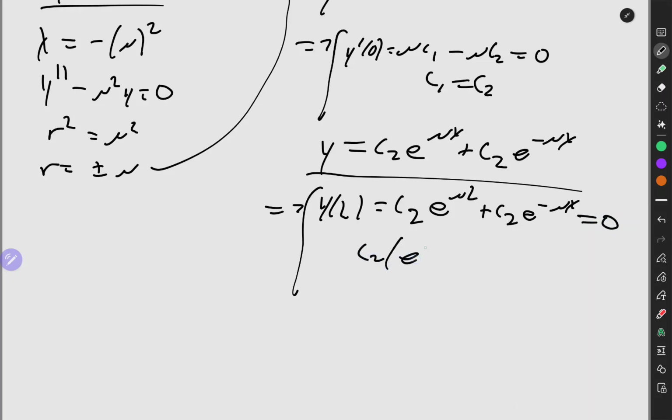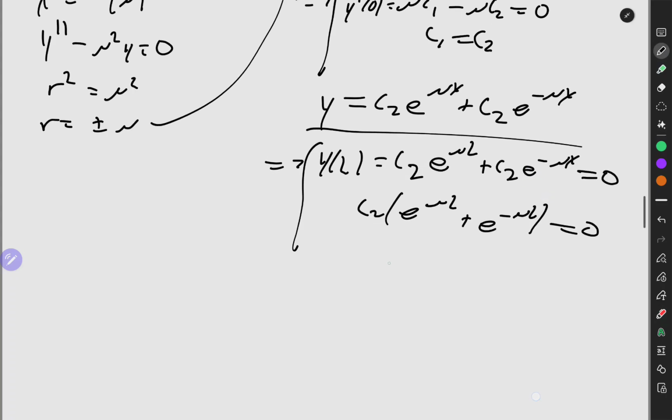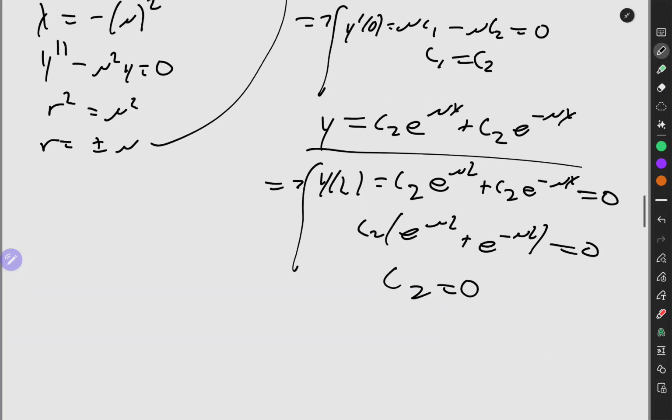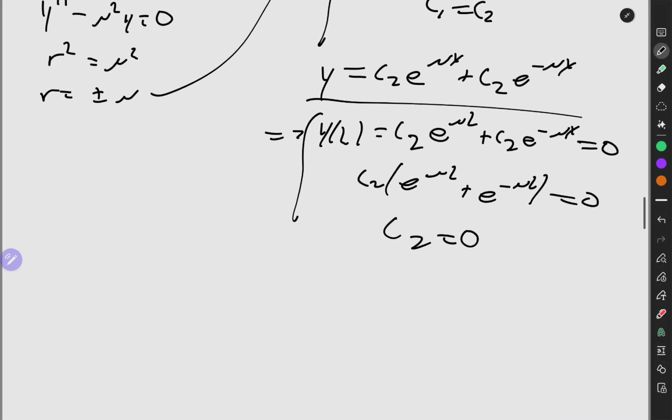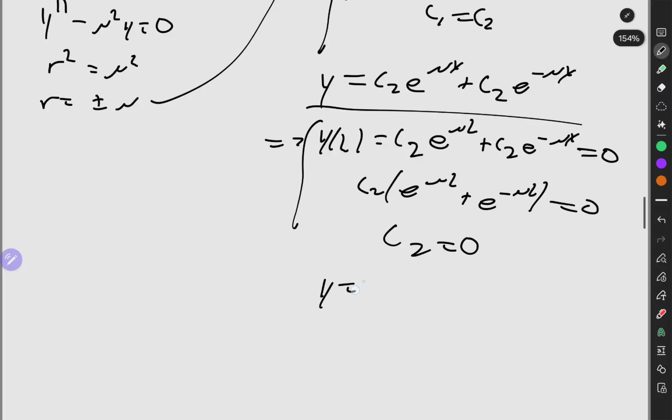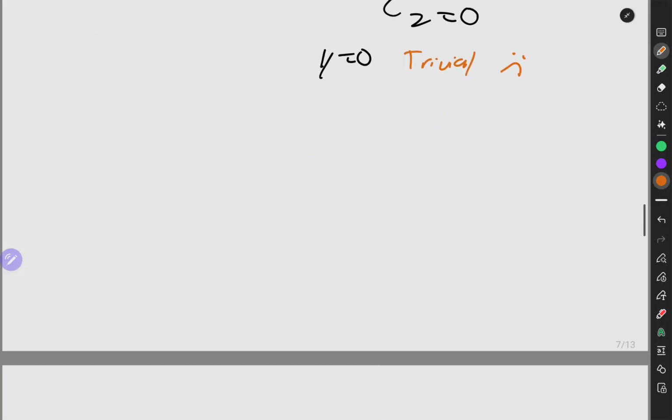You can pull out a C2. Now, remember, this right here has to be 0, but as you can see, it never is. So no matter what, we're always going to have a constant that is equal to 0. So we just say C2 is equal to 0. So then that gives us y equals 0, which is trivial, which we don't want. So let's keep going.